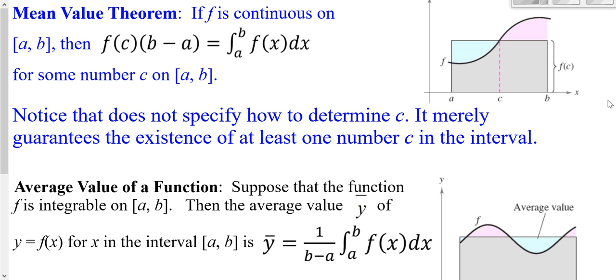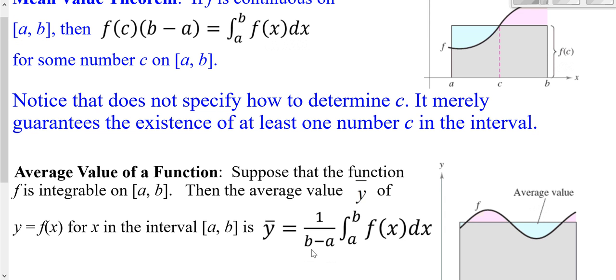Now, to find this average height, really you just have to get your f of c on one side by itself, so you can take your b minus a to the other side, and that's what your average value function is saying down here. So f of c is the same thing as y bar, and when you put a bar above a variable like that, that means average or your mean, especially if you've had stats, you should know that. And instead of dividing by our b minus a we have up here, we just multiplied by 1 over b minus a times the original area.